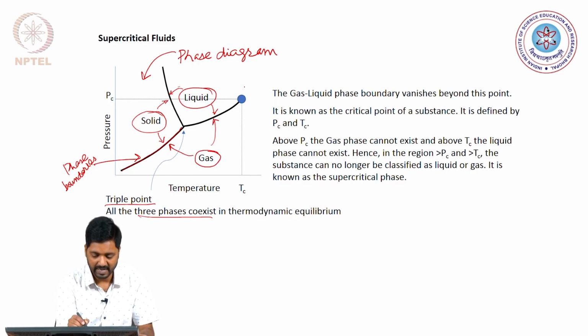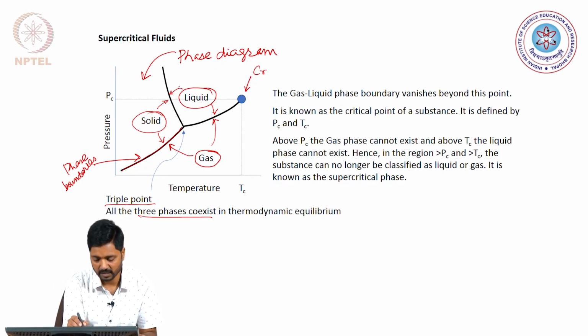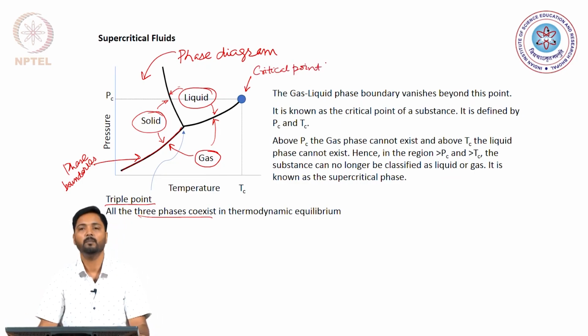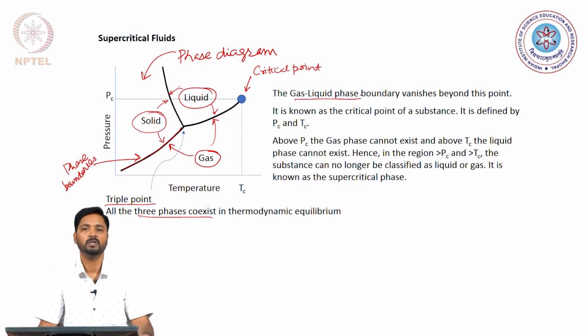I have highlighted this blue point here, which is called as the critical point, because beyond this point the gas liquid phase boundary vanishes, and we will not be able to discriminate or distinguish whether the substance that we are dealing with is existing in a gaseous phase or a liquid phase.